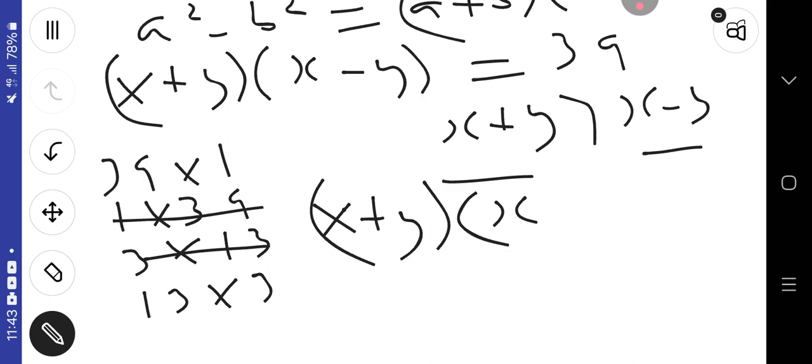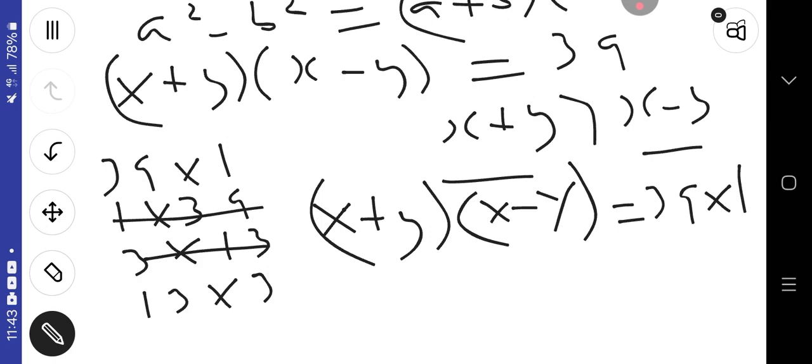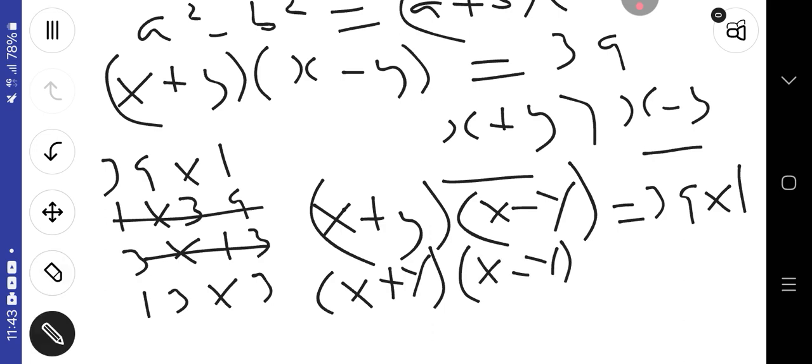So we are going to have x plus y multiplying x minus y is equal to 39 times 1 as case 1, and then we're going to have x plus y multiplying x minus y is equal to 13 times 3 as case 2.